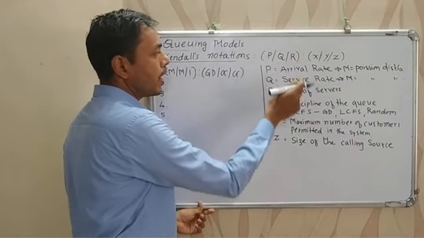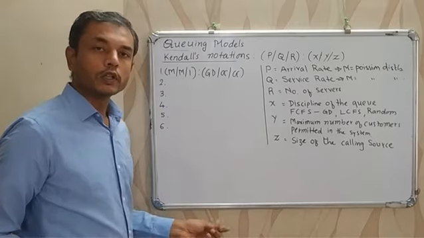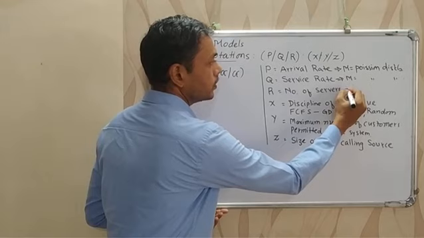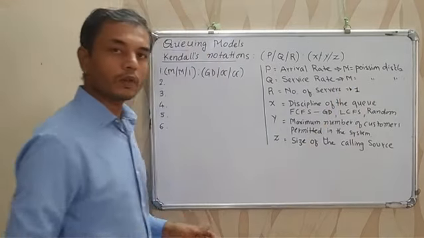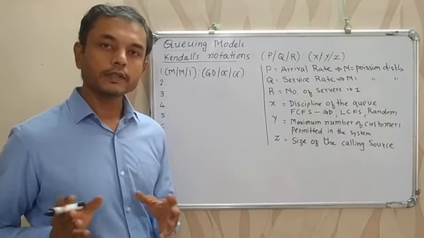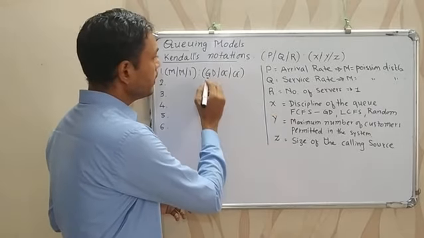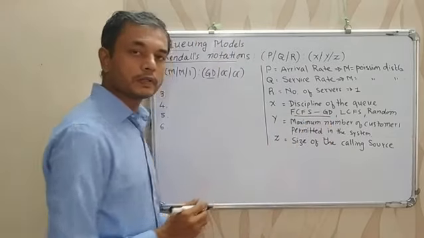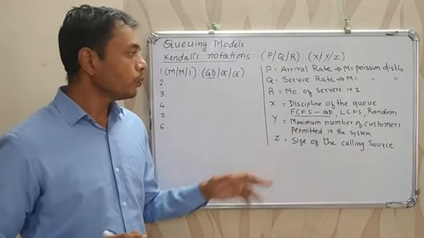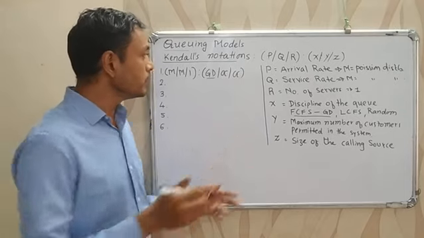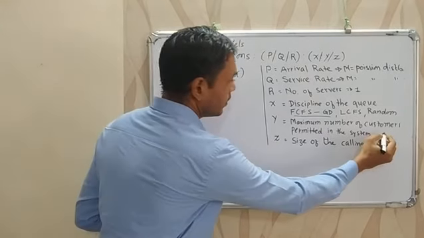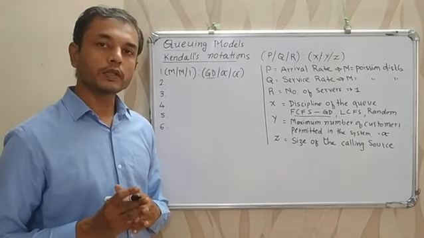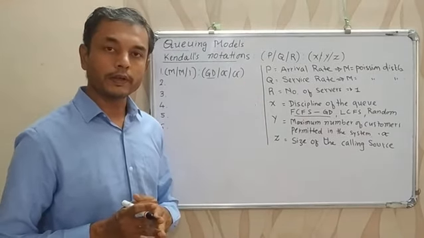1 stands for R, the number of servers, so the number of servers in the system is 1. X stands for queue discipline. Here the discipline is general discipline, so it is first come, first serve. Y stands for the maximum number of customers permitted in the system, which is infinite. And the size of the calling source, Z, is also infinite.